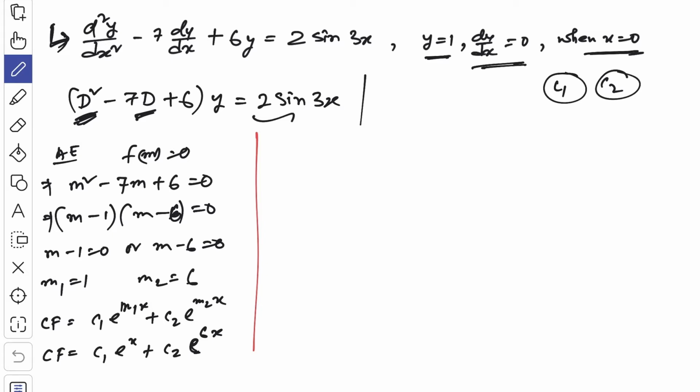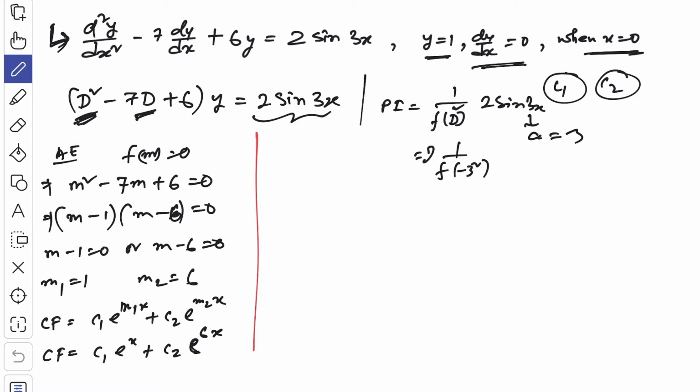In this case, Q of x is 2 sine 3x. So our PI will be equal to 1 by f of D square into 2 sine 3x. Here the value of a is equal to 3, so it is going to be 1 by f of minus 3 square, and let us write the 2 here, sine 3x.